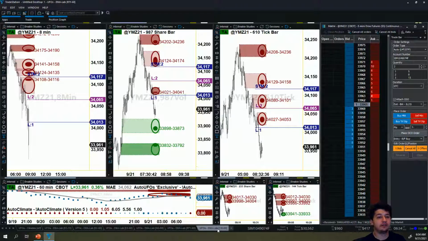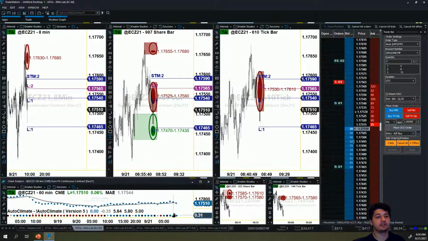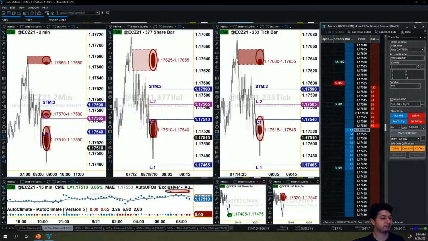The Dow didn't quite do much. Euro on the 60 minute is still confirmed. Well, yeah, because it has an update. Okay. Euro on the 15 minute went down, didn't fill us, didn't grab us. So that's that.